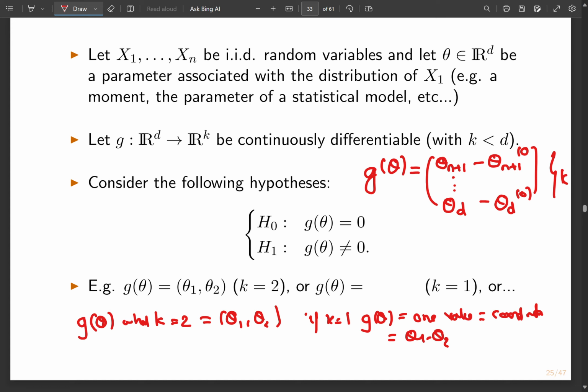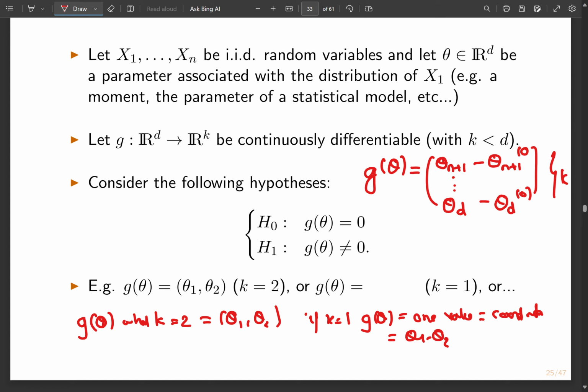Hence, let me quickly summarize what we learned today. We learned about the hypothesis. We concluded parametric hypothesis testing, and the topic was theta, a multivariate parameter of size d, and the variable of interest was an IID random variable.